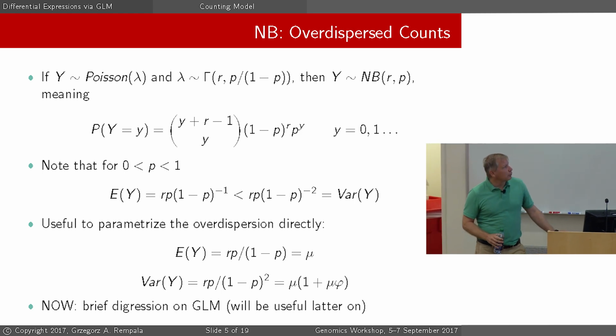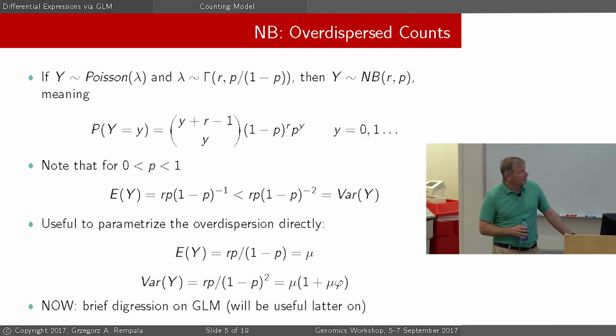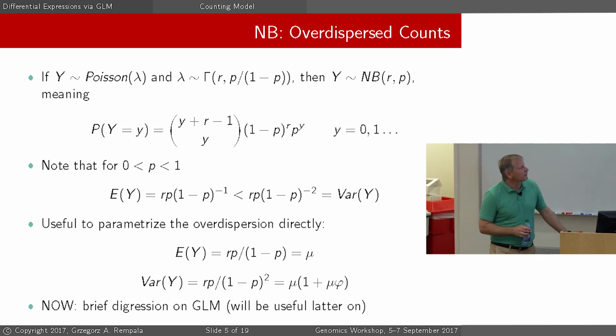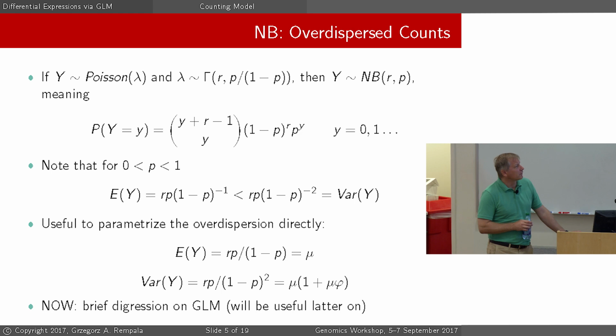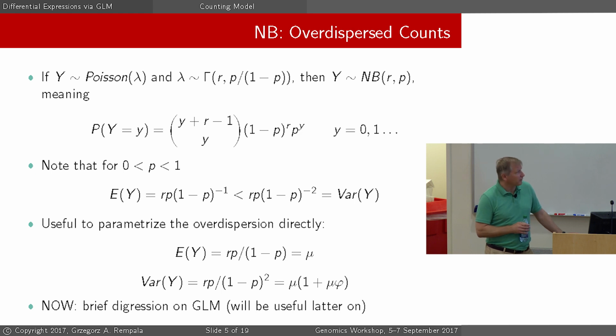I would like to do this in a somewhat quantitative manner, so I will reparameterize it by taking a new parameter, which is a function of the number of trials and the odds in my tossing experiment. I will call it mu, and then I will calculate the variance.